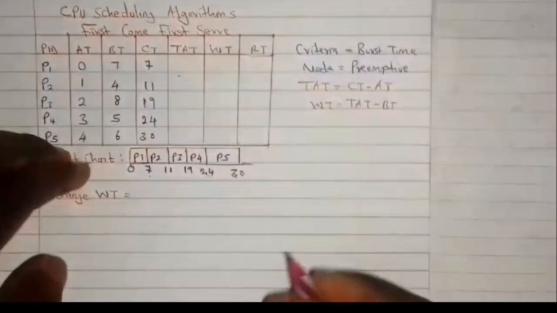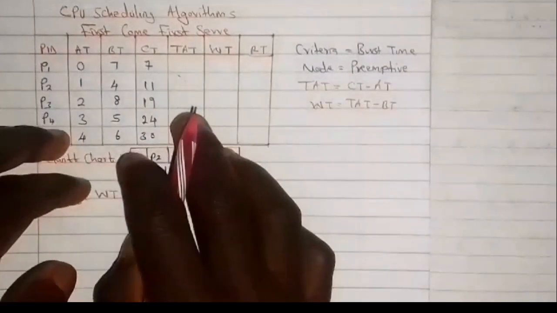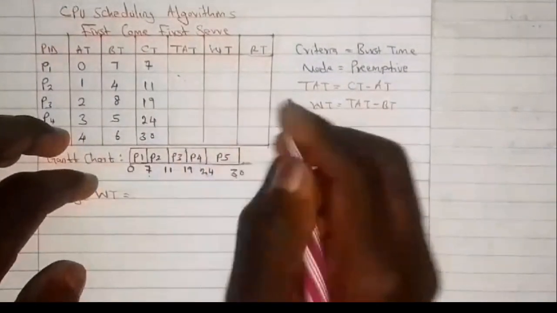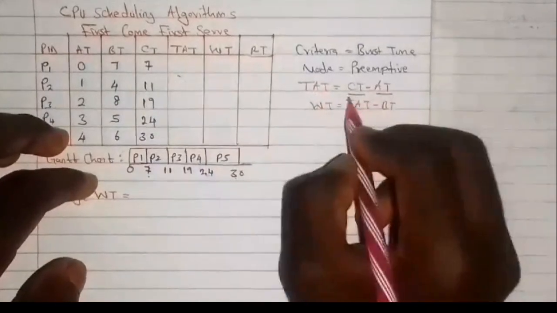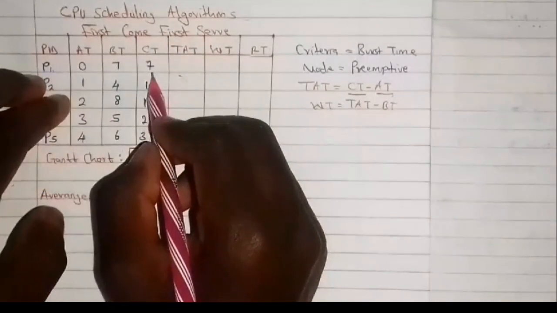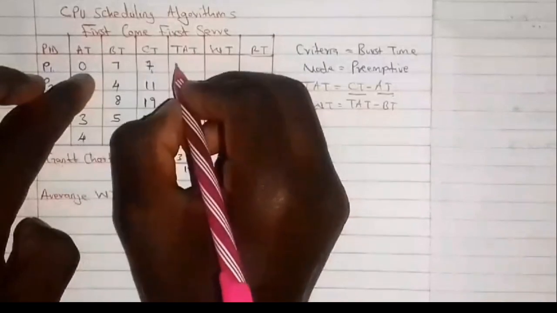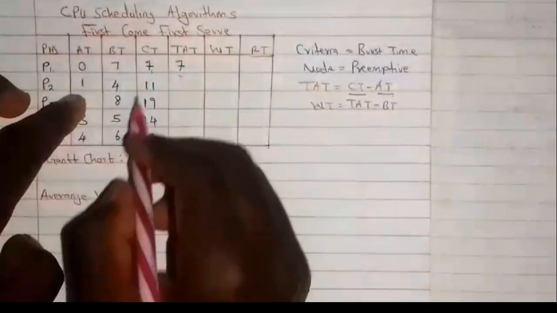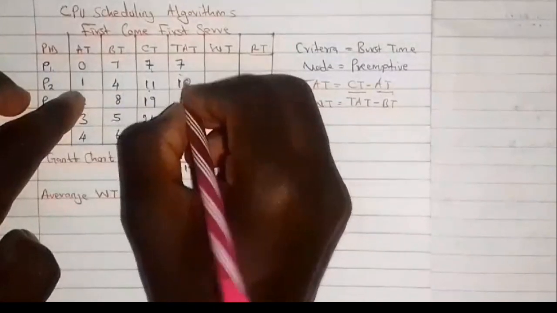Now we have calculated the completion time of all the processes. I want us to see the turnaround time. We know that turnaround time is equal to completion time minus arrival time. Starting with process 1, completion time of 7 minus arrival time of 0, we get 7. And then P2, 11 minus 1, the arrival time, is equal to 10.